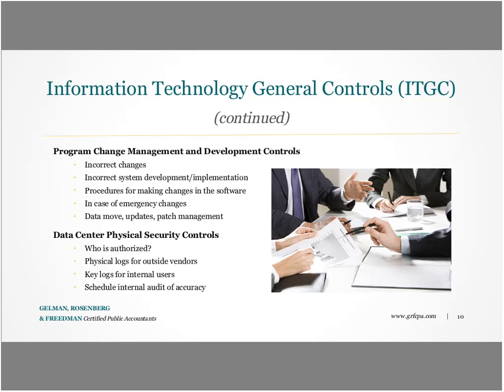For internal users, if Joe walks in the room at 5 a.m. on Sunday morning, the log should say Joe walked into the room 5 a.m. Sunday morning. There should be a log. And what happens if your AC breaks in the data center, or you have a power outage? You need to have an outside vendor go in the data room. You want to have a physical log for that.